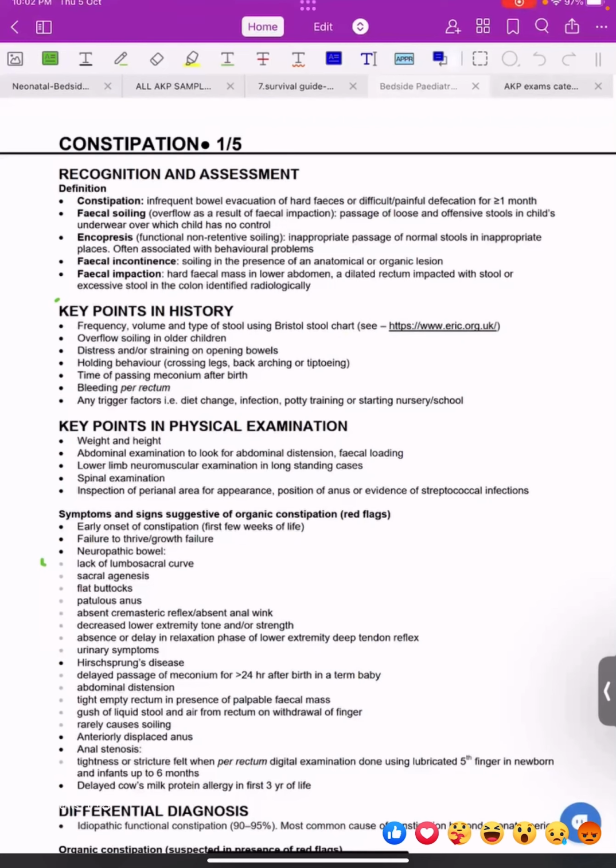Okay, when we come across our patients, what scenarios do we see? Whenever they talk about constipation, we always come across a few terms, right? One is constipation, one is fecal impaction, one is encopresis, one is fecal incontinence, and one is fecal soiling.